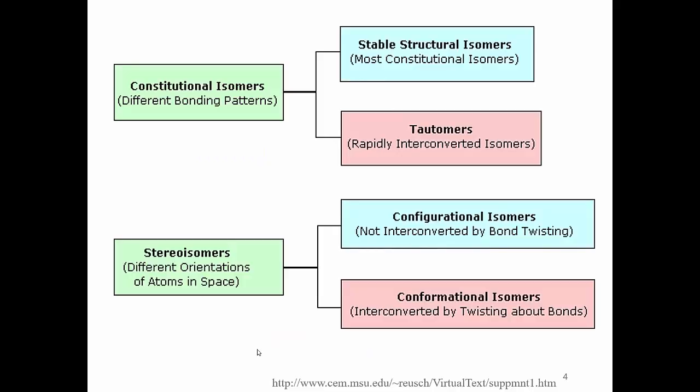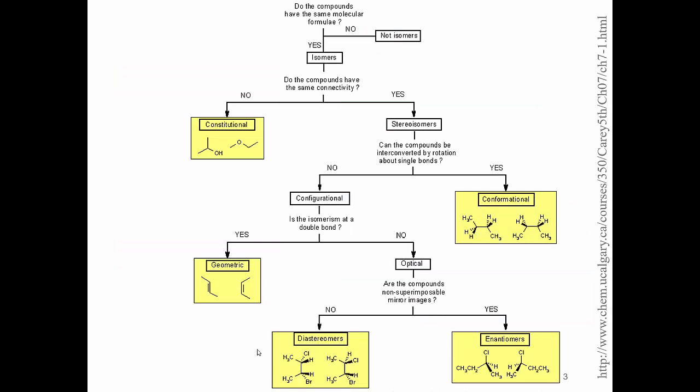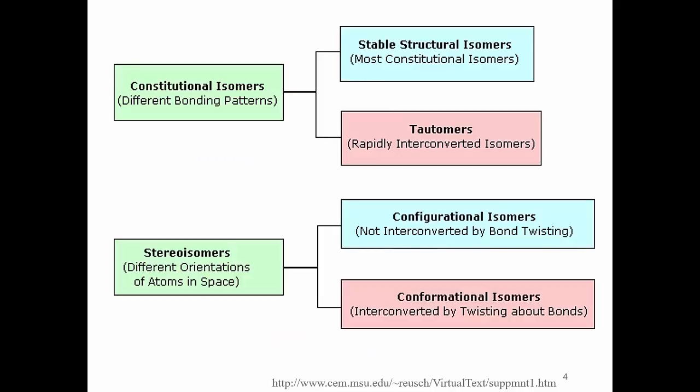Now, within constitutional isomers, remember we talked about, if we go back here, these compounds here. They're connected in different ways. Now there's another way in which this can occur, and that's something we call tautomers.